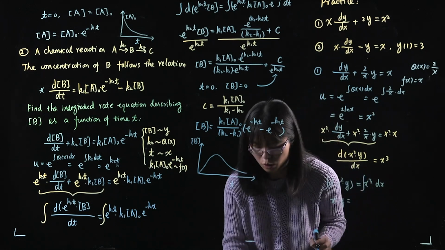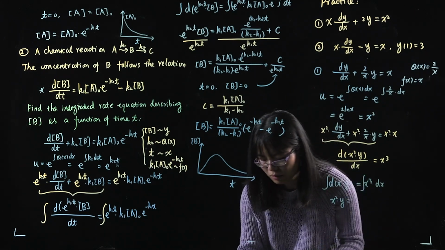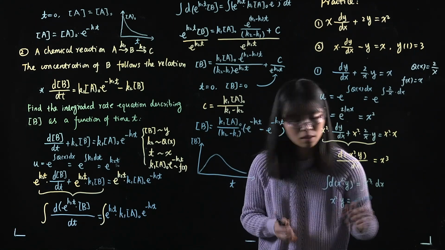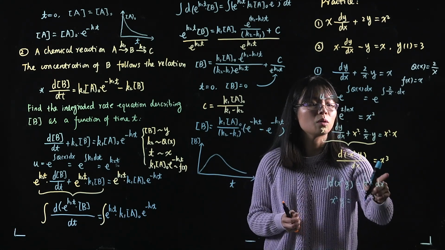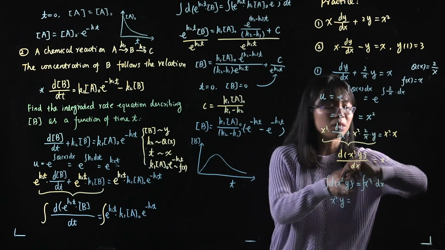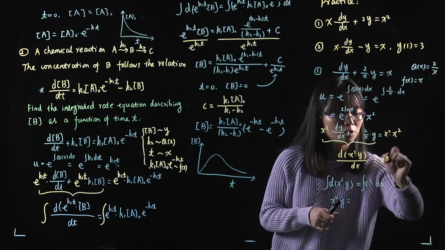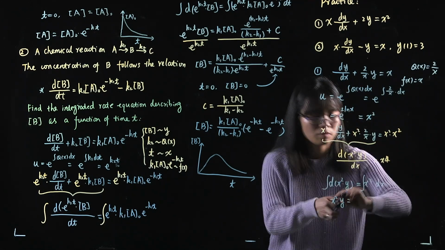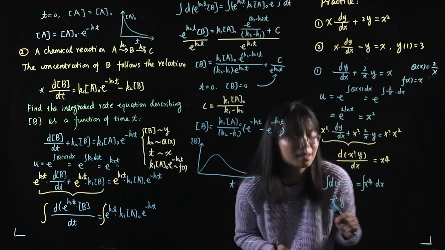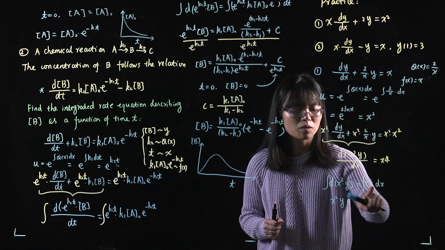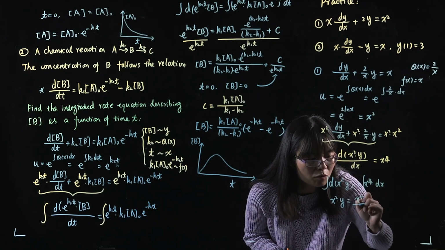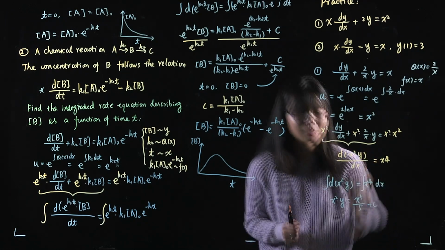On the other side, it should be x squared. Sorry, I missed the square here, which should be the fourth power. Let me do the correction. On the right-hand side, we are doing the integral of x to the fourth power, which should be x to the fifth power over 5 plus c.